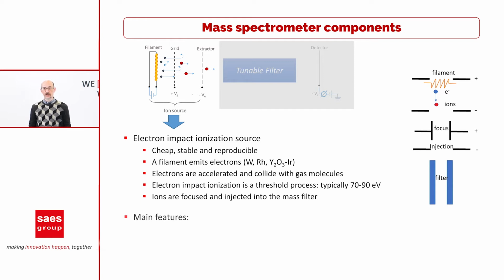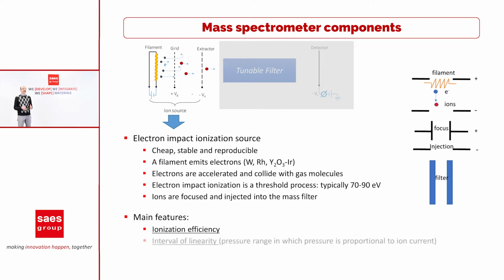The main features of our source are ionization efficiency and the interval of linearity, that is, the pressure range within which the number of ions is proportional to the pressure. Indeed, there's a pressure upper limit above which there is the onset of space charge effects that cause a deviation of the sensitivity.